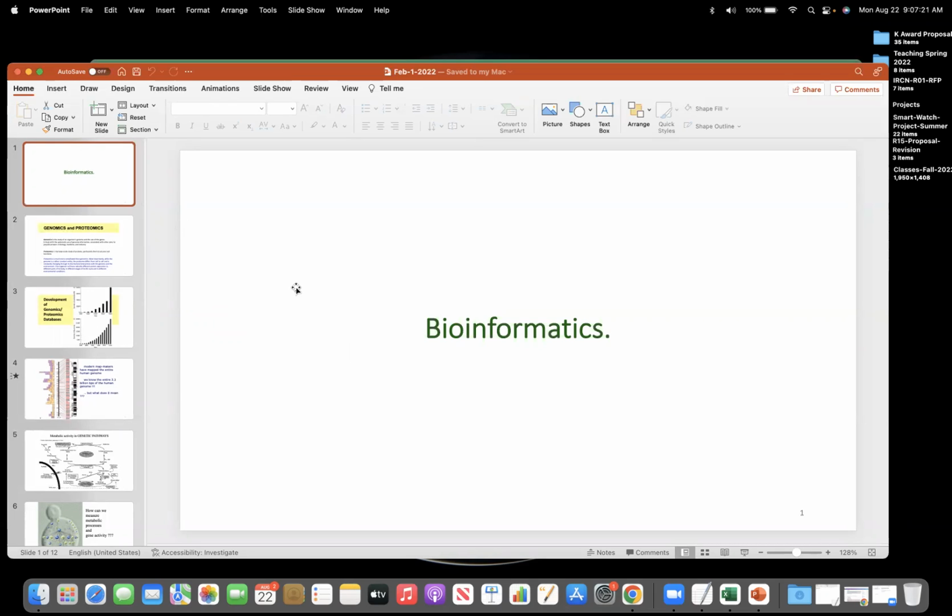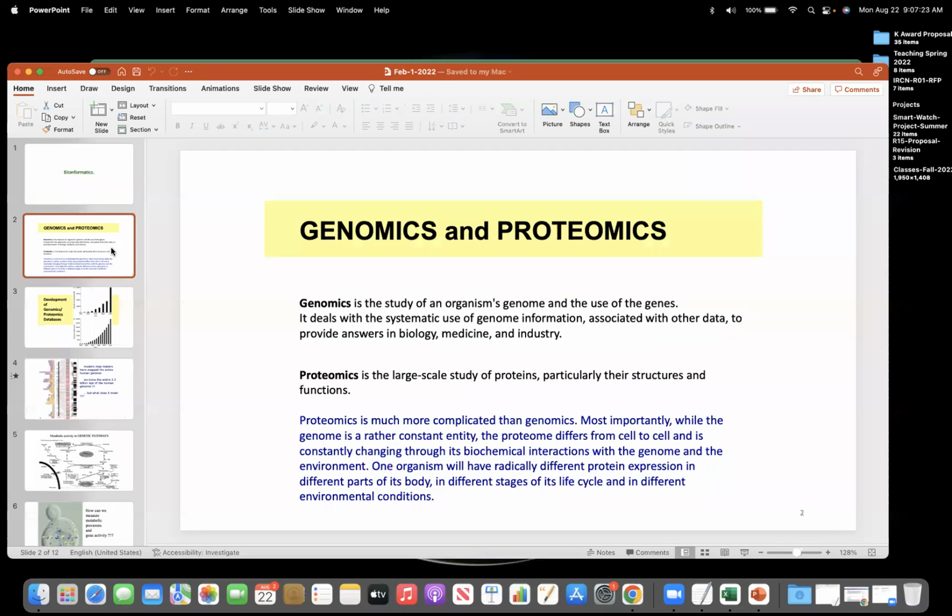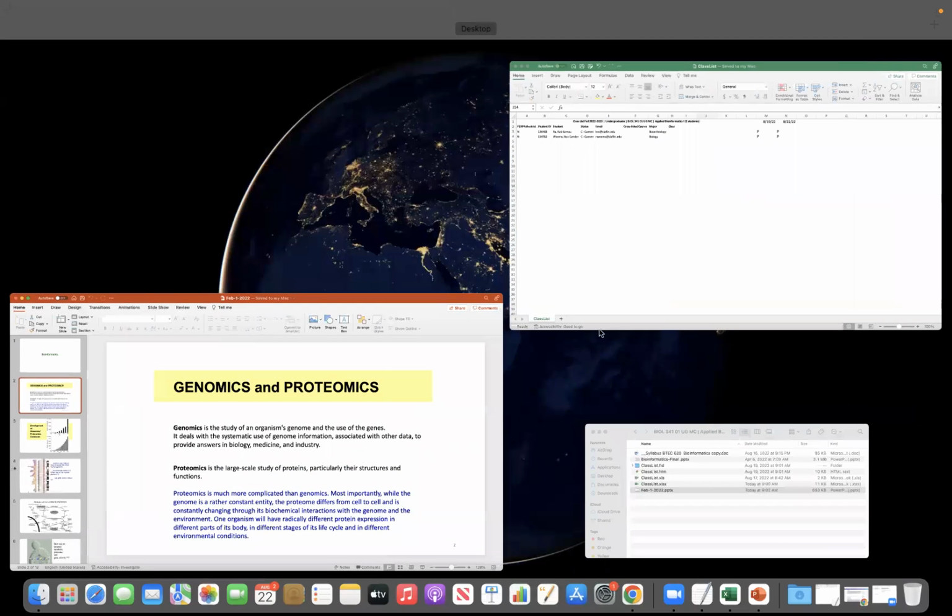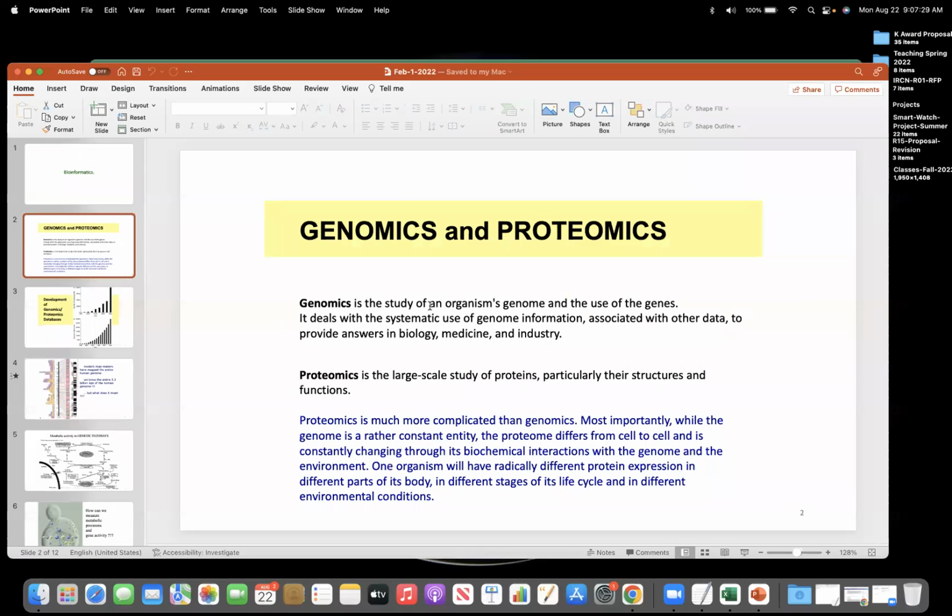So with bioinformatics, the first thing which we need to understand is what is this data, right? So is it genomics data? Is it proteomics data? What is genomics? What is proteomics?